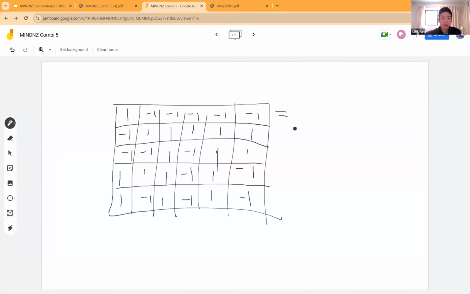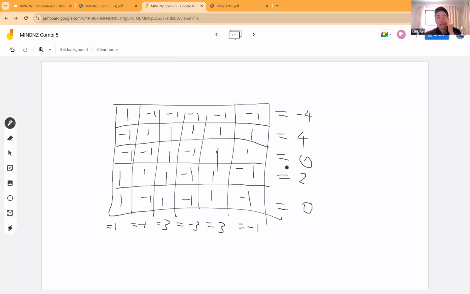So here the sum is 1, 2, 3, 4, 5. It's like -4, right? Here the sum is 4. This one the sum is 0. This one the sum is 2, right? Here we have the sum is 0 again. -1, 3, -3, 3, -1, and 1.